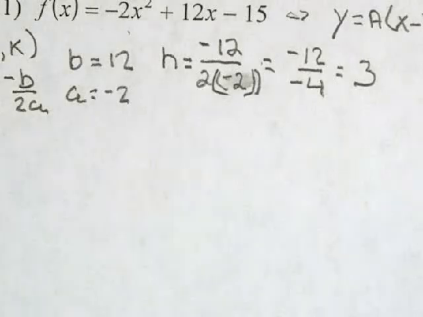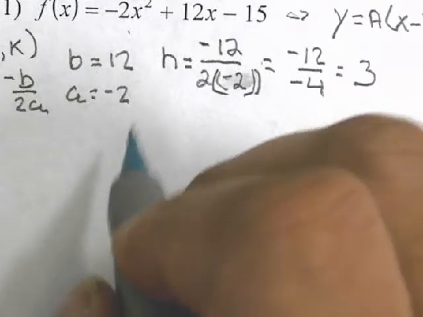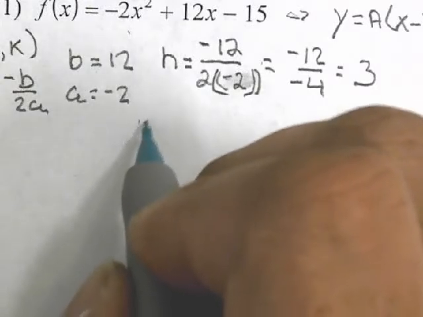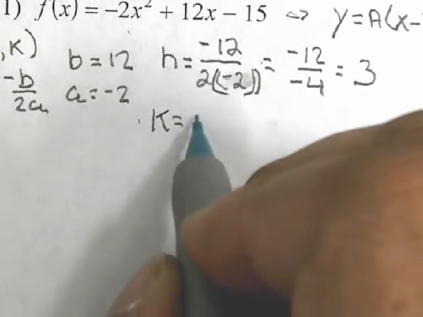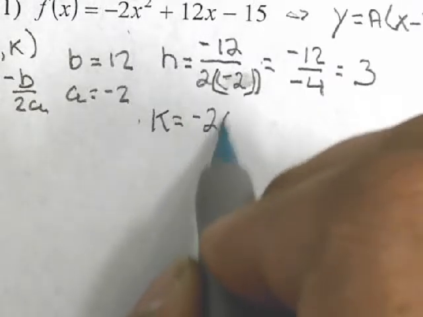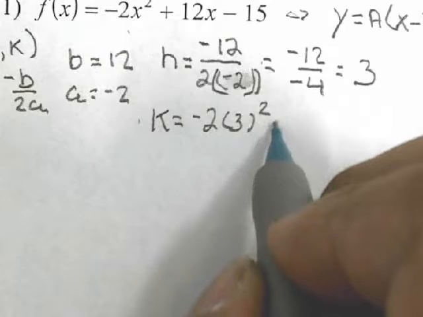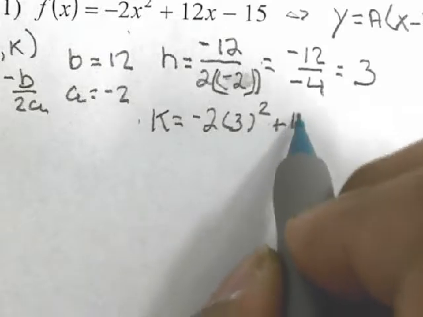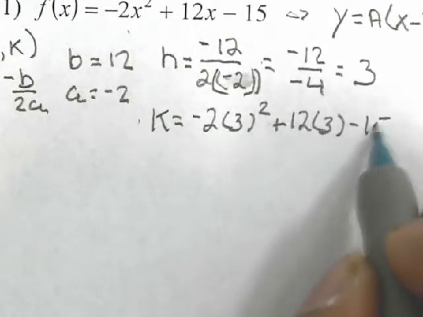Now, in order to find k, you substitute it in. So, k would be equal to negative 2 times 3 squared plus 12 times 3 minus 15.